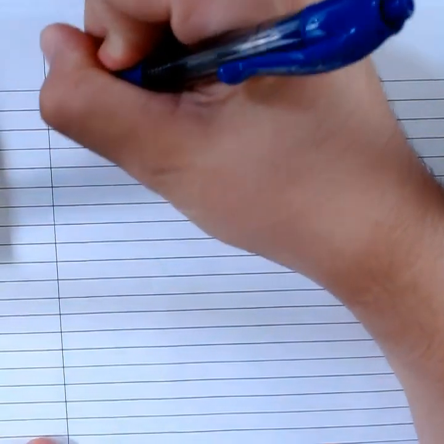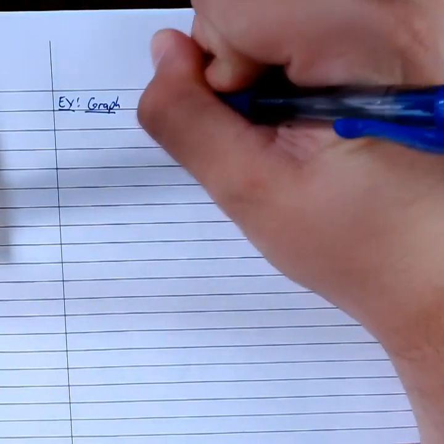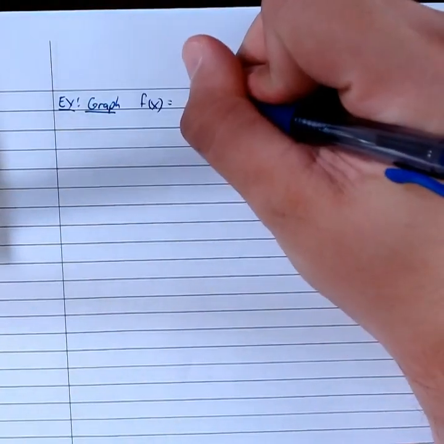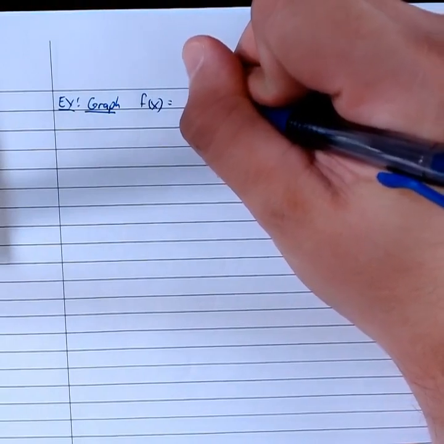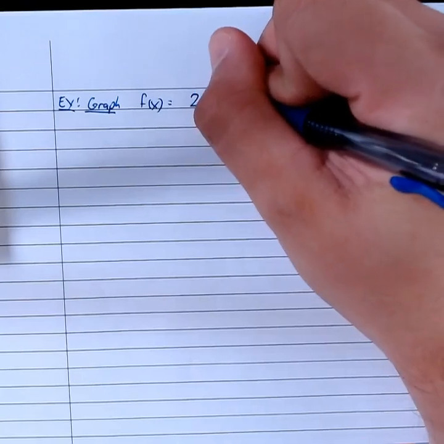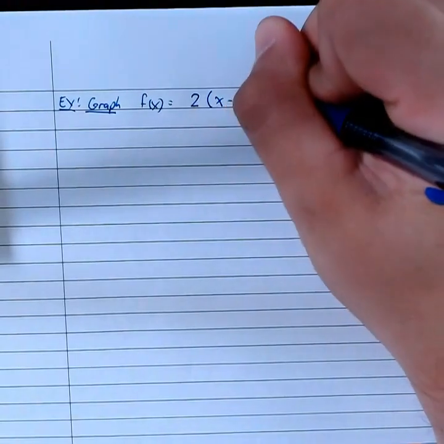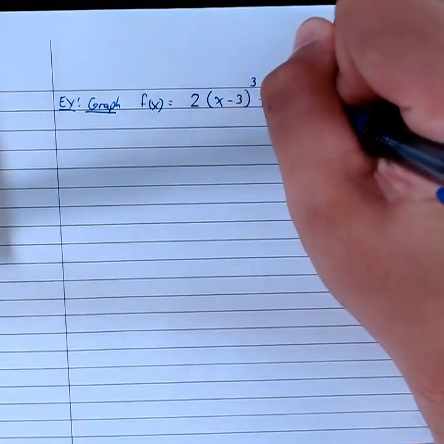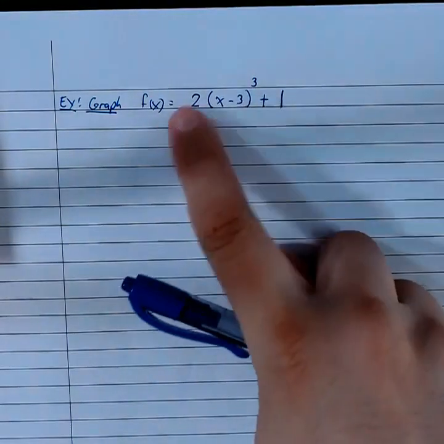So, as our last example, let's go ahead and graph the function f of x equals, let's say, 2 times (x minus 3) cubed plus 1. You can tell I work very hard to come up with examples 1, 2, and 3.